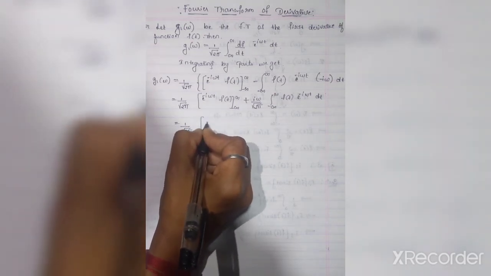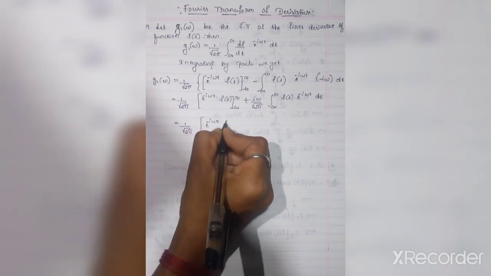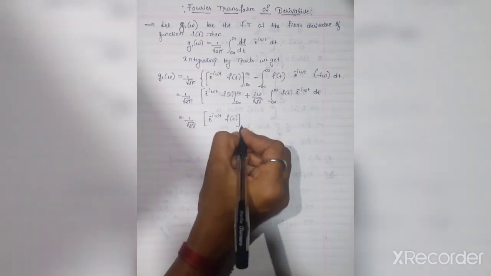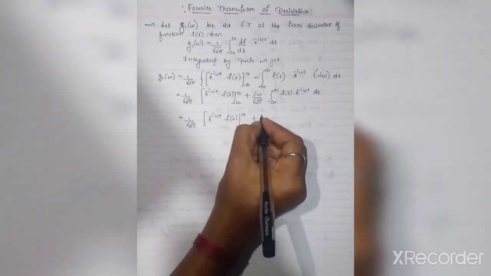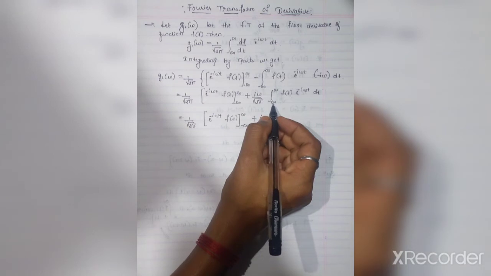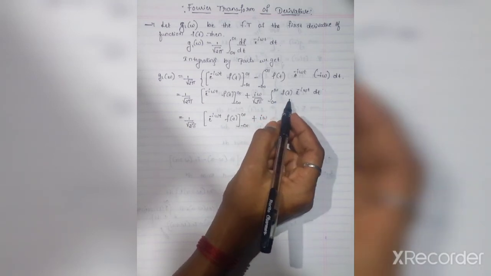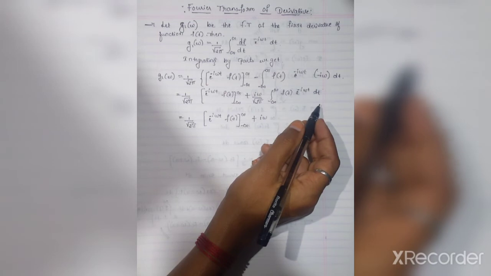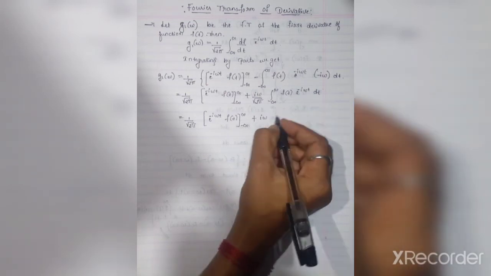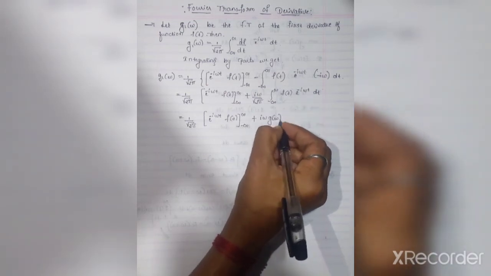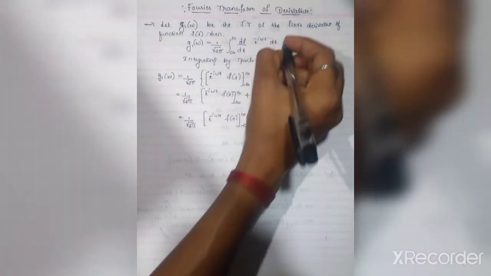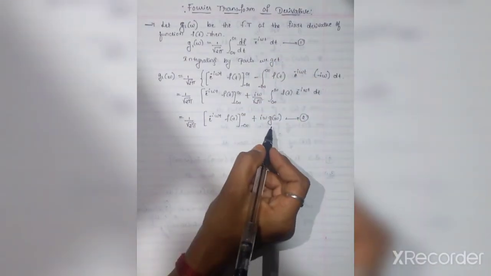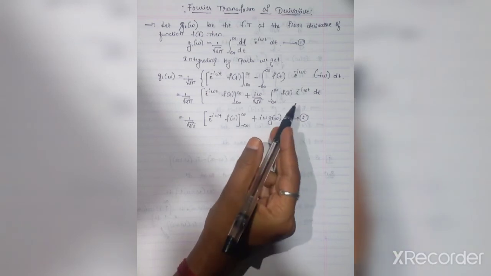That is nothing but the Fourier transform of f of t, meaning g of omega. Okay, so consider this as expression number 2. So this is expression number 1. Now see here, where g of omega is the Fourier transform of f of t.